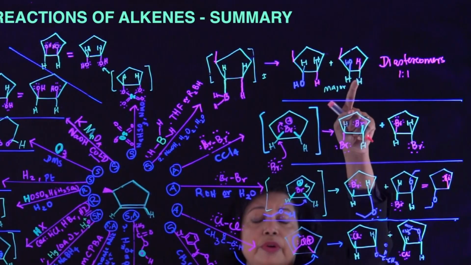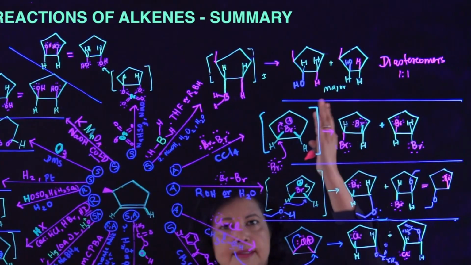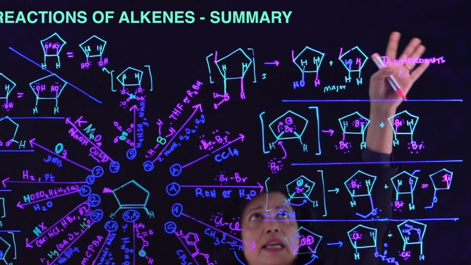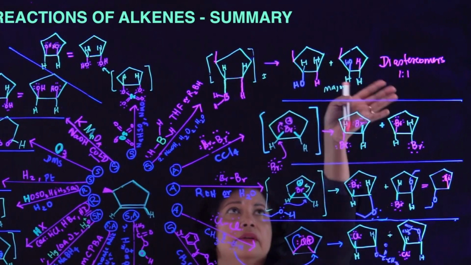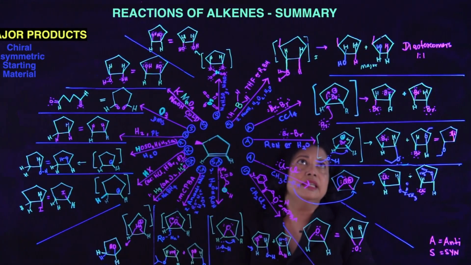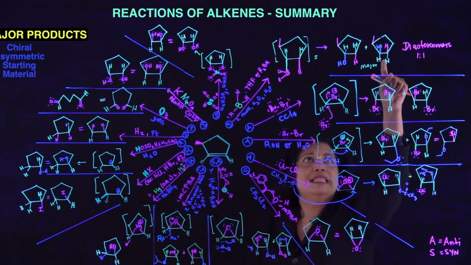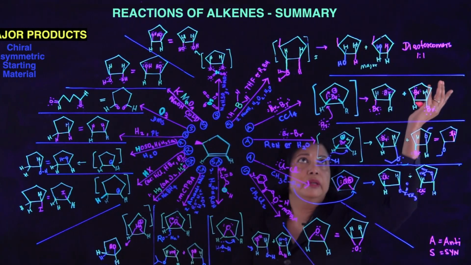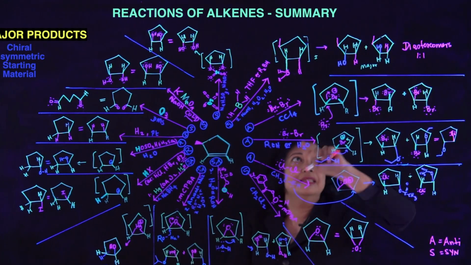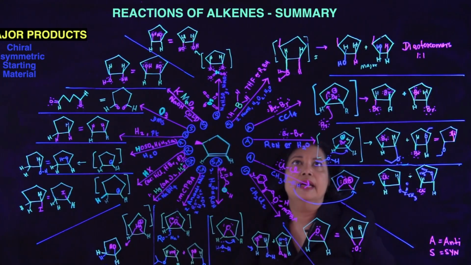They will be different, but they won't be opposite and equal like in an enantiomer. This is going to have some value, and this is going to have some value, and we don't know the relationship between those values. So these are diastereomers. Each molecule by itself is chiral because it doesn't have a mirror plane of symmetry, but they are not mirror images. So therefore, you get a 1-to-1 diastereomer mixture.